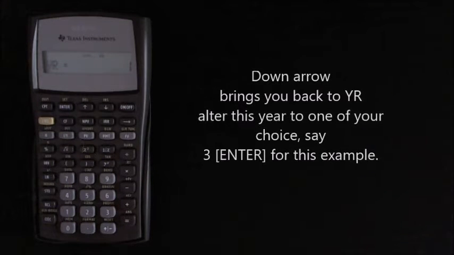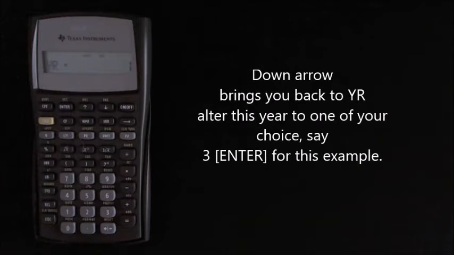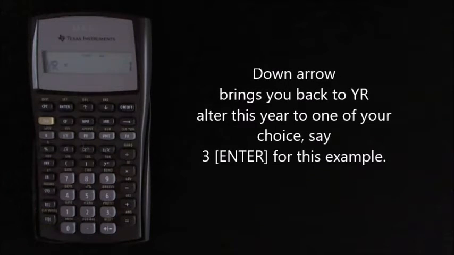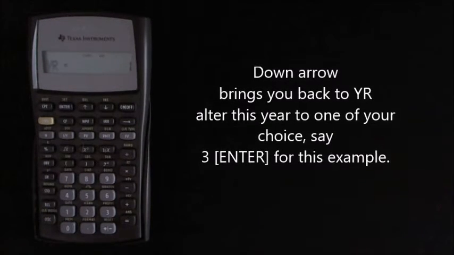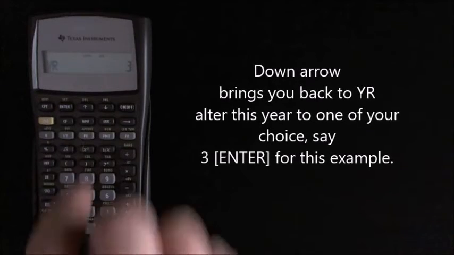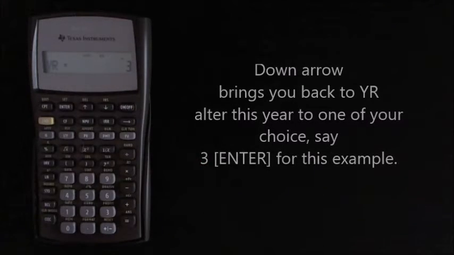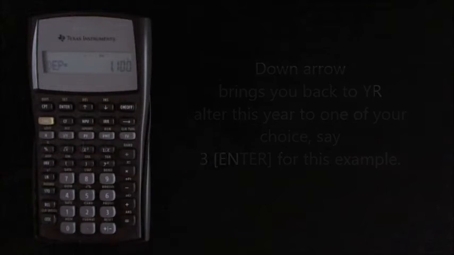So now we can alter the number of years if we want to calculate the figures based on 3 years. So press 3 and enter, and then press the down arrow.